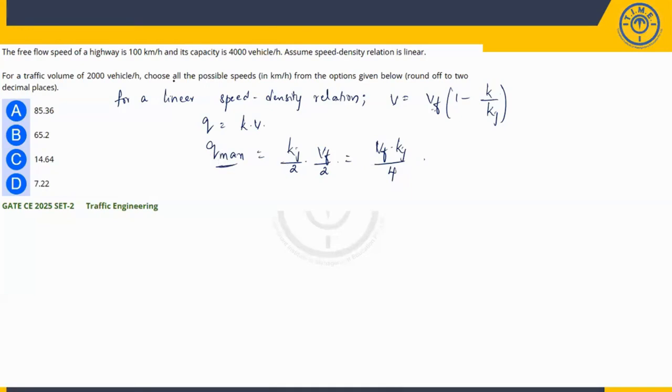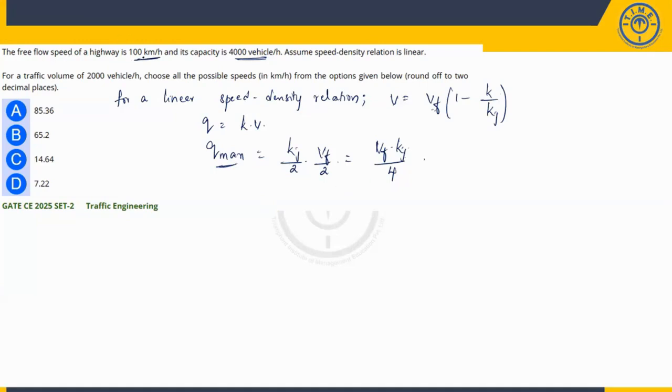Now, the free flow speed on a highway is mentioned, and capacity, that is Q max, maximum capacity, is also mentioned to us. If he had given us the free flow speed, can we find out Kj? We know Qmax is equal to Vf Kj upon 4.